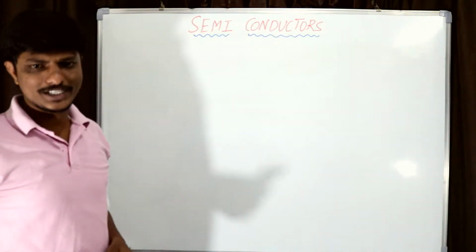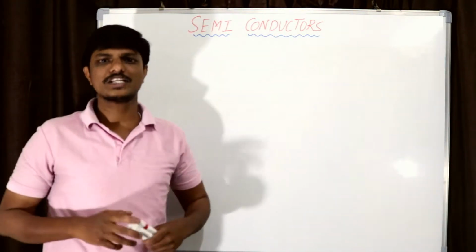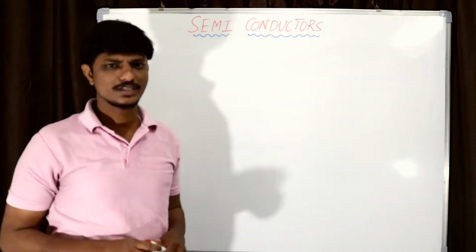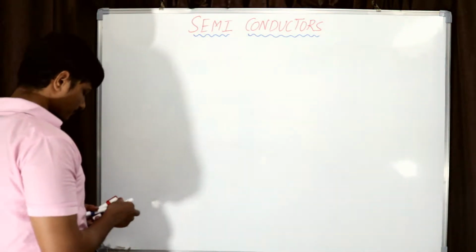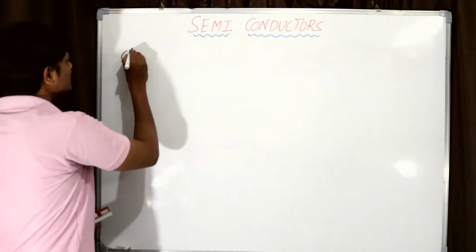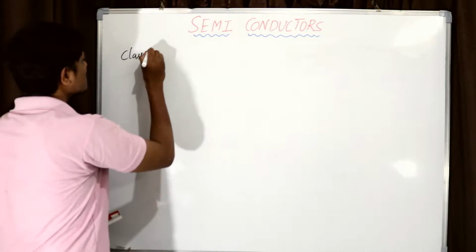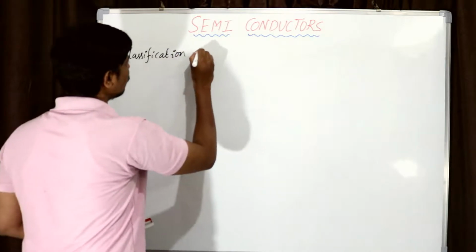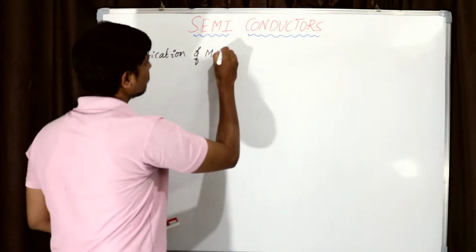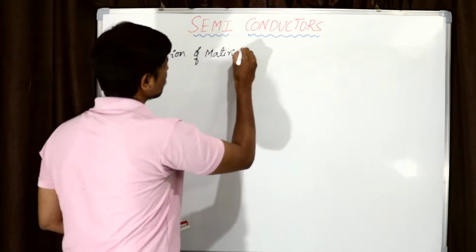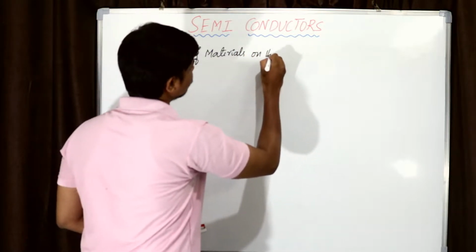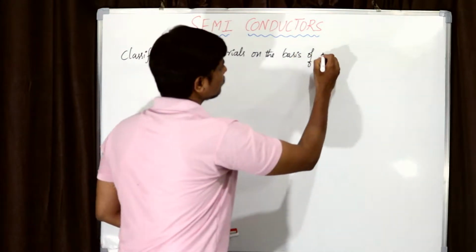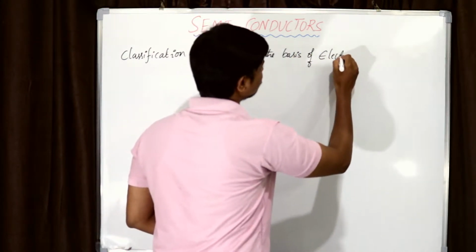The first question I am going to explain is how materials are classified. To discuss semiconductors, let us look at the materials range. How are materials classified? Classification of materials on the basis of electric properties.